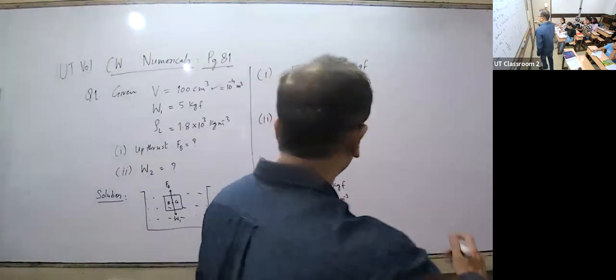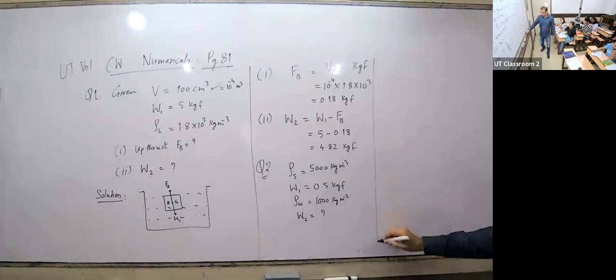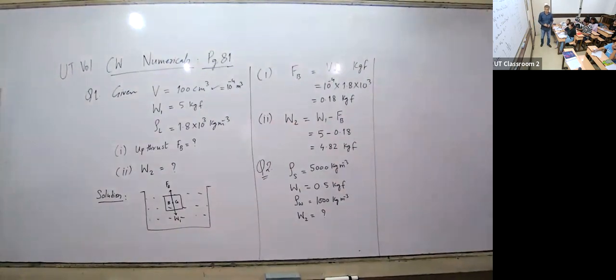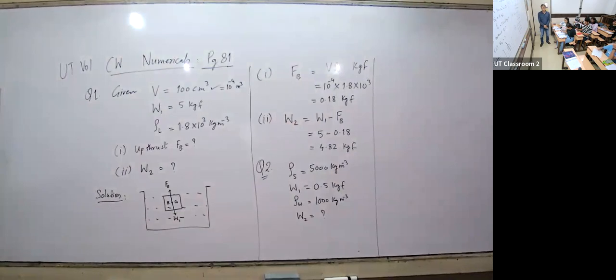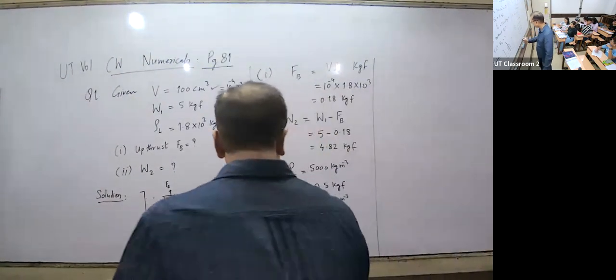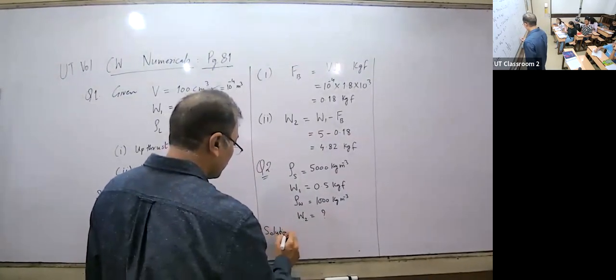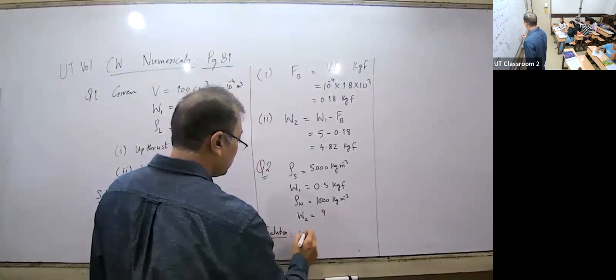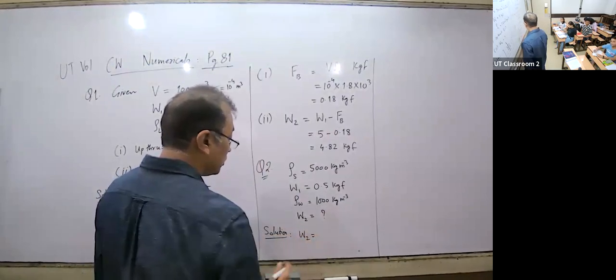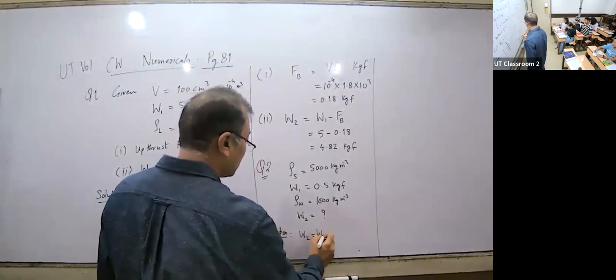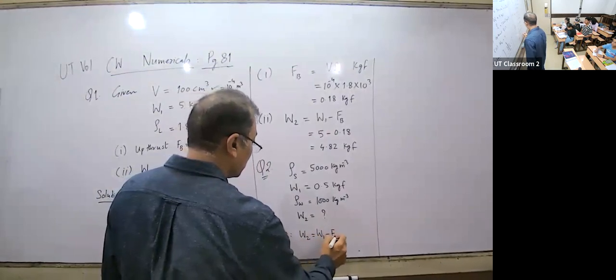How will we solve it? If you have done question 1, it should be easy for you. So solution: W2 is equal to the weight in air minus the upthrust on it in liquid.